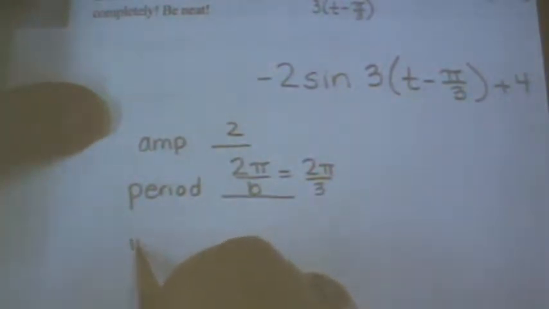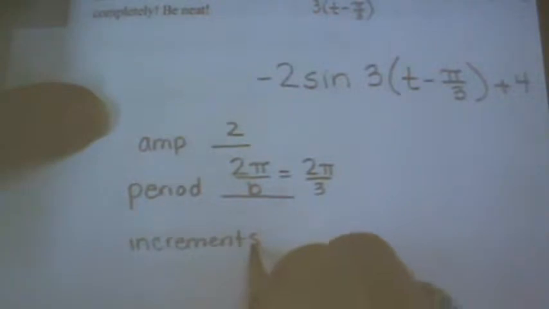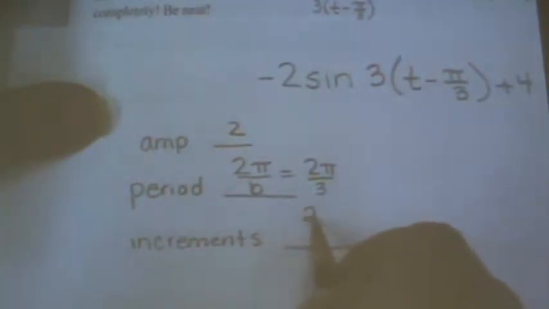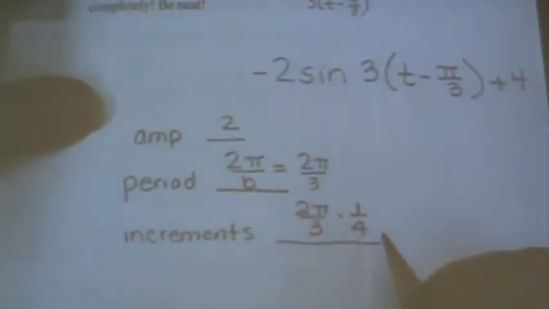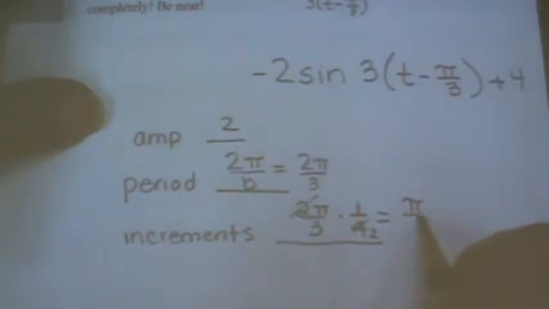Now your increments. What you do is you take this period, 2 pi over 3, and you're going to cut it into 4 parts, because there's 4 increments for sine and cosine. So when you do that, this 2 cancels with this 2, and you get pi over 6.